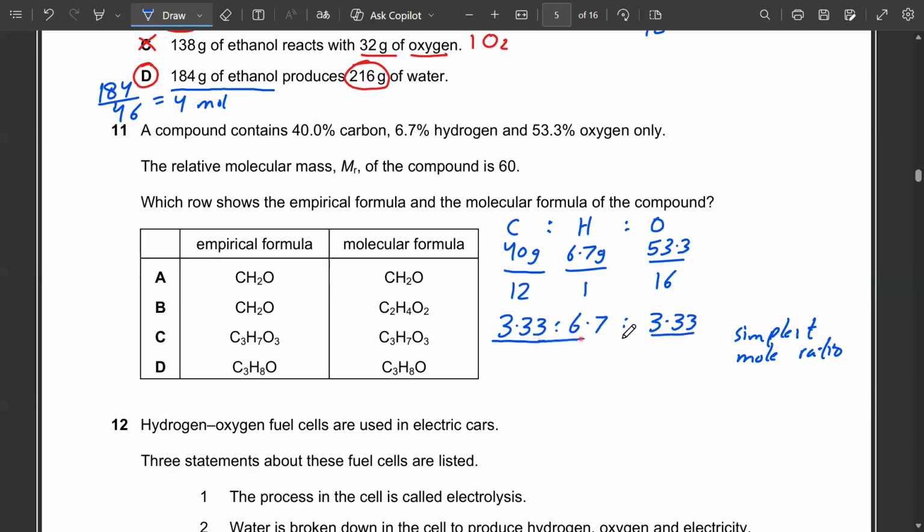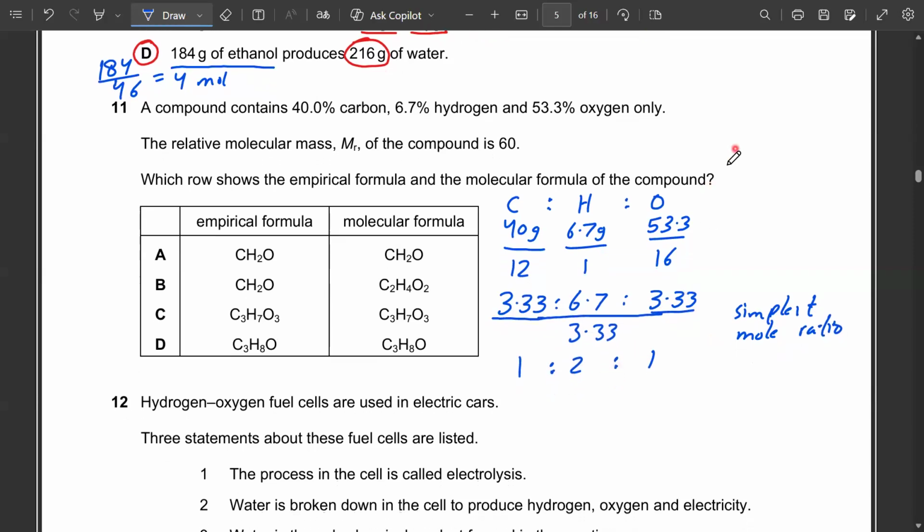So divide all these three values by 3.33. So you will get the ratio 1 : 2 : 1. That means the empirical formula of this compound will become CH2O. We select CH2O from here.